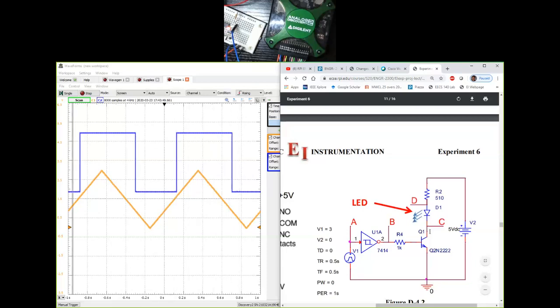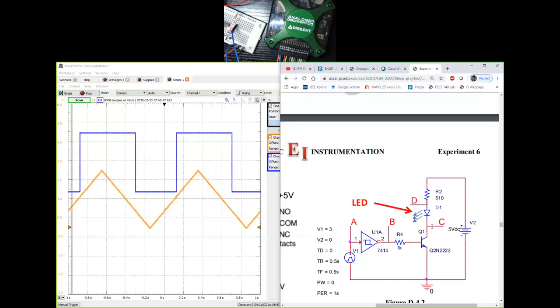For the other half second, when Q1 is off, C is a dangling wire and the circuit is not complete, which means the current doesn't flow, and the LED will be off. So that's why it's blinking: we are selectively turning the transistor on and off, which either prevents current from flowing or allows current to flow through.